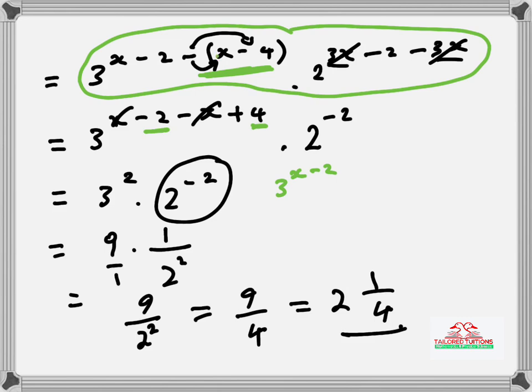This one was positive in the denominator, so it will be negative in the numerator. This one was negative in the denominator, so it will be positive in the numerator. Same thing with the powers and a base of 2. So it's 2 exponent, this one was already in the numerator, and then minus 2, and this one was in the denominator, so it changes to minus 3x. Then you go on and you get 3 exponent 2 times 2 exponent minus 2. So that is our first problem.